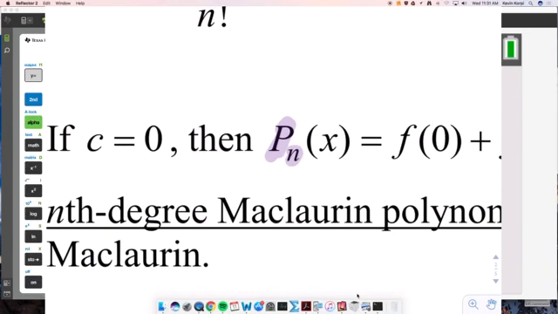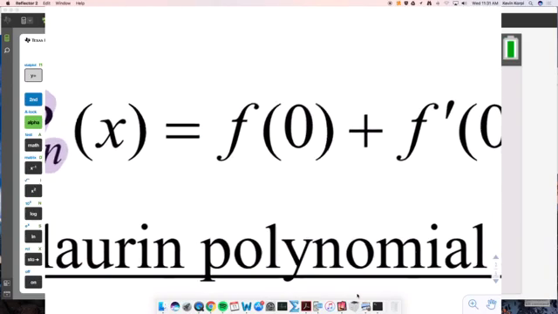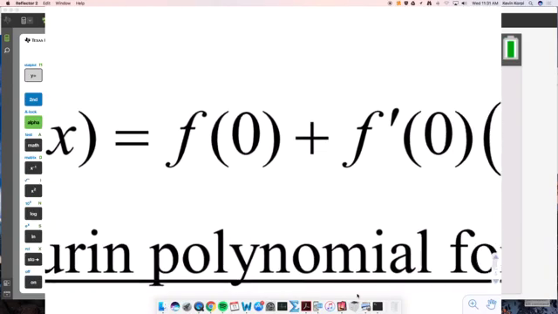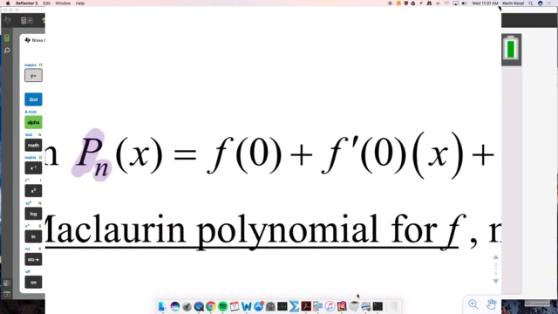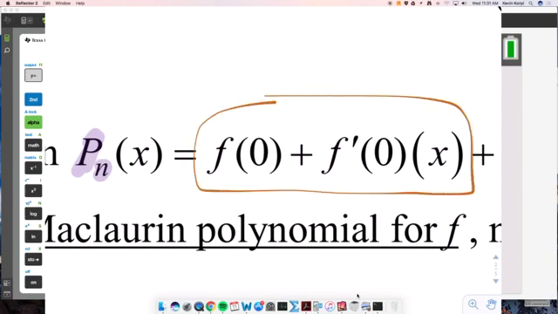He said if you want to write a polynomial for any function f of x, it's going to be the y value plus the slope times the x value, which is x minus 0. So this right here is what we've been doing all year long, right? This is y sub 1 plus m times x minus x sub 1. It's the exact same thing.